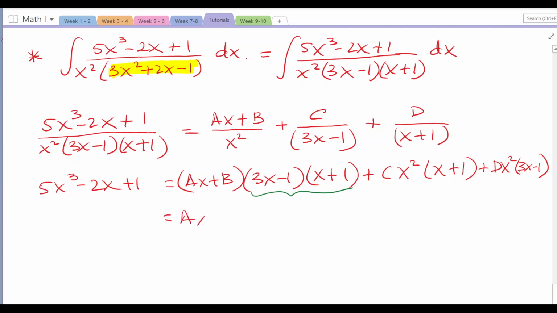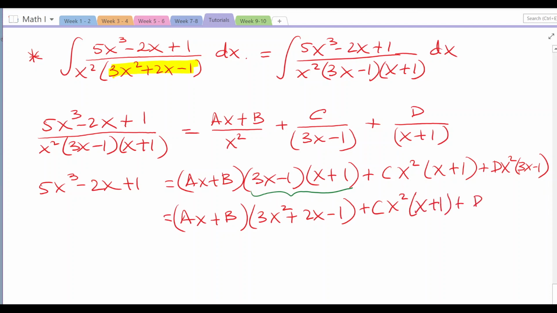So this is the same as (ax plus b) multiplied by (3x squared plus 2x minus 1), plus whatever the leftover is, c x squared times (x plus 1), plus d x squared times (3x minus 1). Again, this equals 5x cubed minus 2x plus 1.